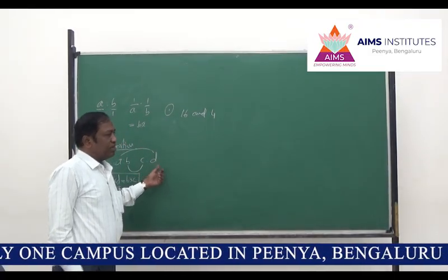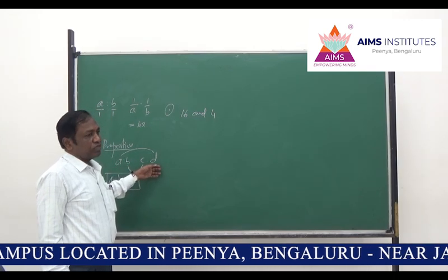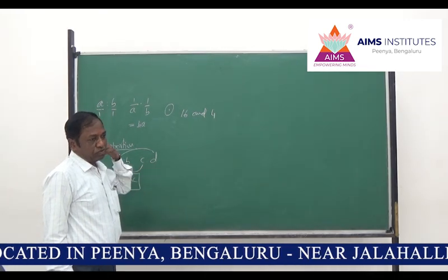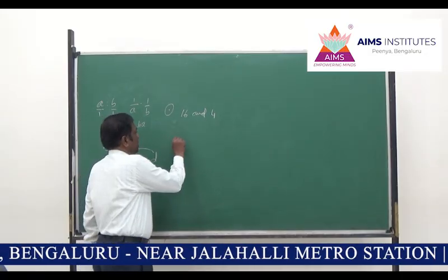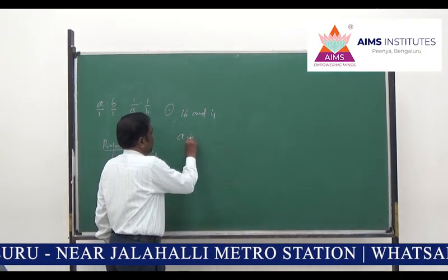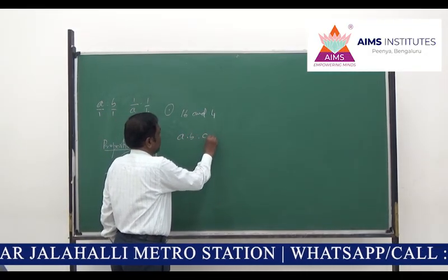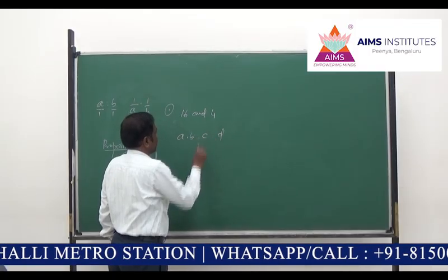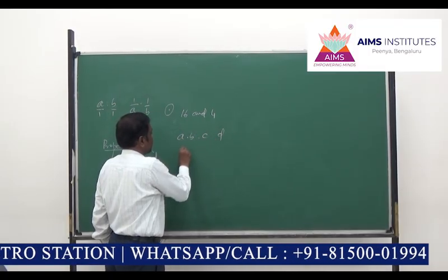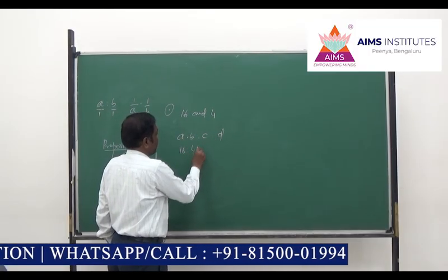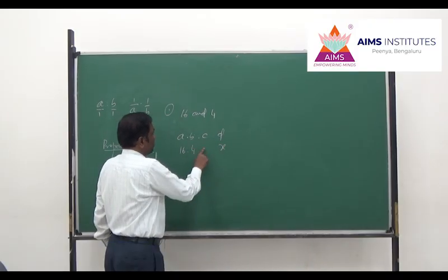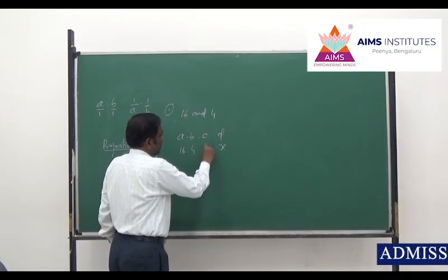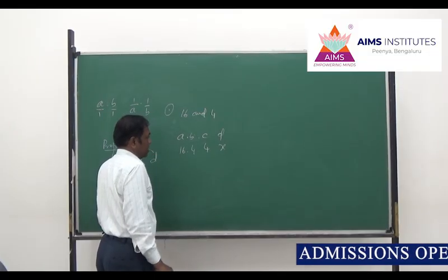Easy way to say it: always keep the fourth term as x. Say for example, you take a is to b, c is to d. 16 is there, you take this with 4. This can always be the x value. If another 4 is needed, repeat this 4.